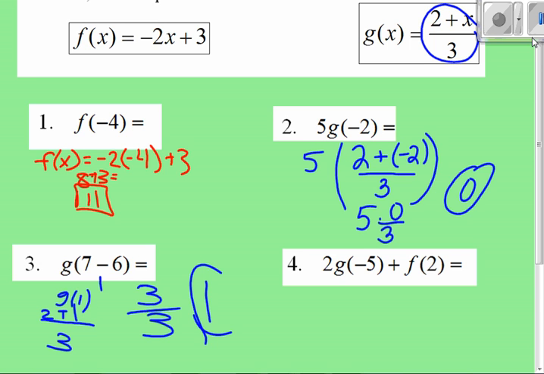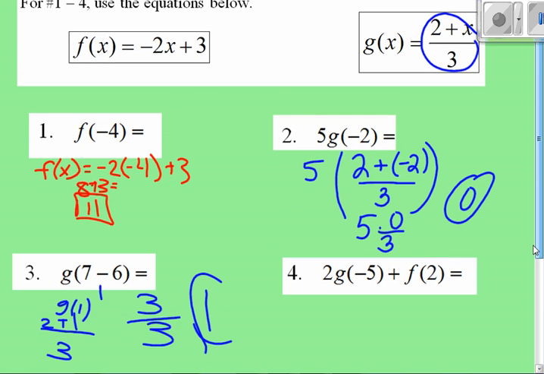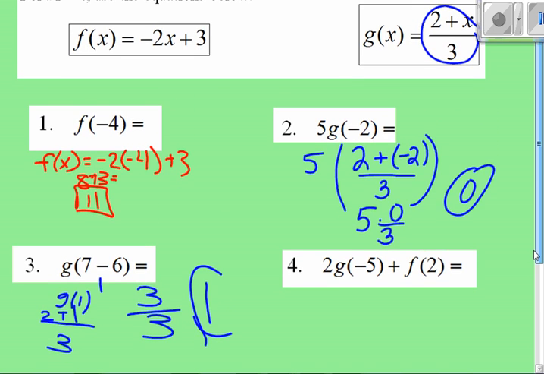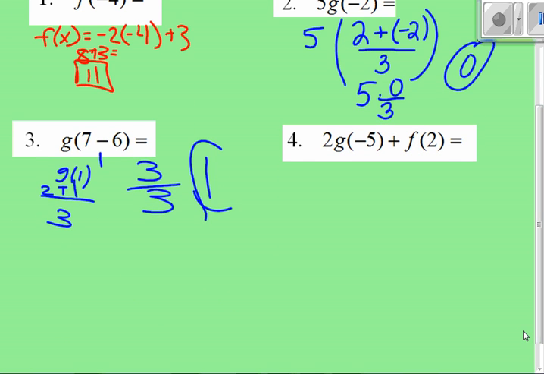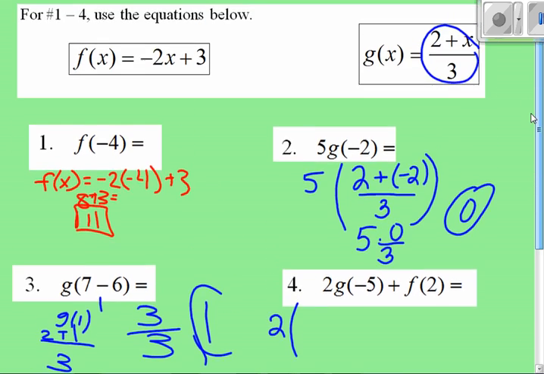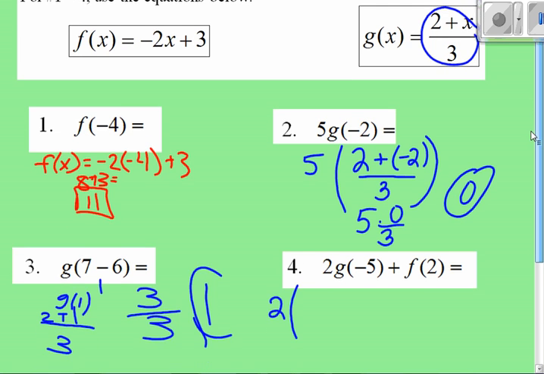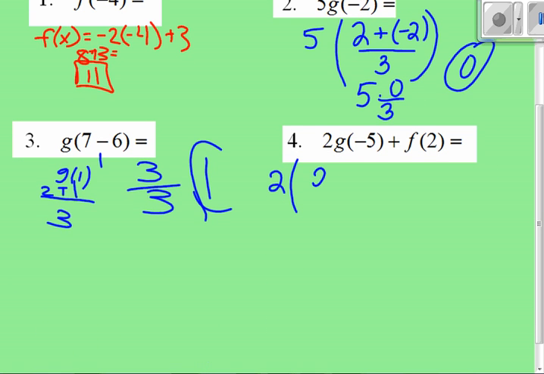Number 4 says I want to take G of -5 and double it. So it's 2 times G of -5. There's G. It's 2 plus the x. If you get this, that's great, because this is a real problem for some people. Plus, and then I want to find f of 2.